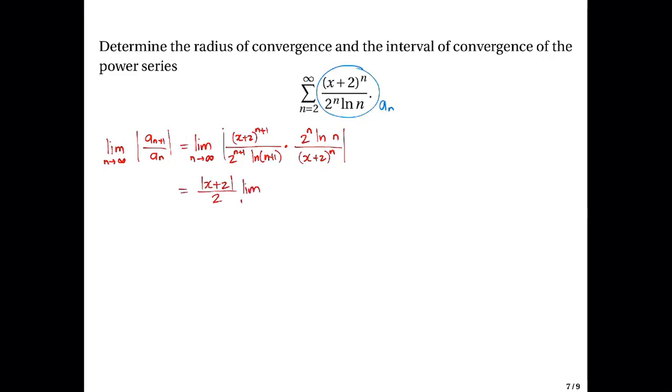And what's left inside, okay, it's the term ln of n divided by ln of n plus 1. Okay? And then for this guy here, it's not straightforward, but you can use your L'Hopital's rule.